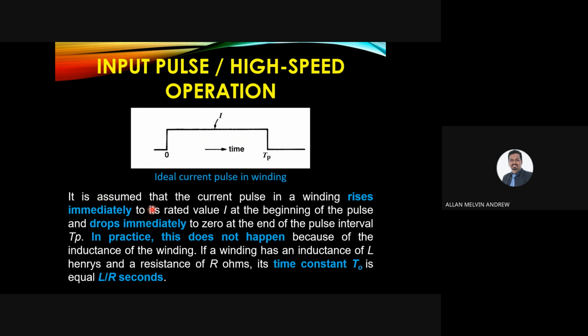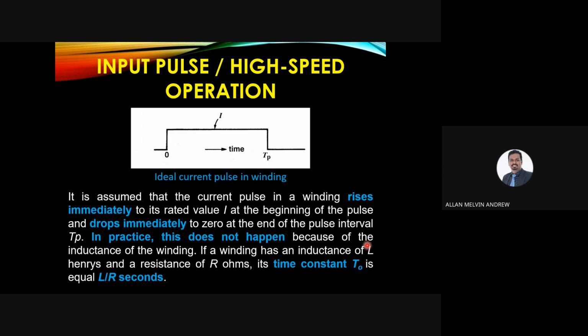It is assumed that the current pulse in a winding rises immediately. So we always think once we press the button, it immediately increases, and when we release the button, it immediately drops. But in practice, this does not happen because of the inductance in the winding.